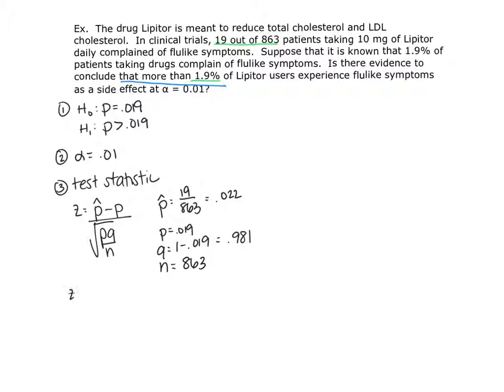So we plug these in. P hat minus P divided by the square root of 0.019 times 0.981 divided by 863. Go ahead and pause here, type this in your calculator.